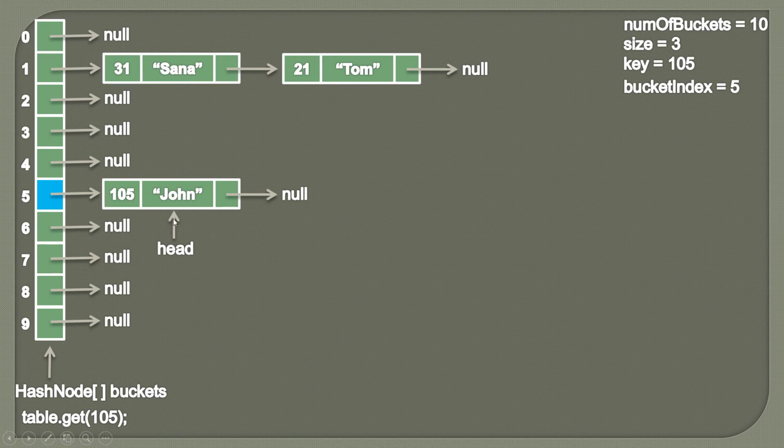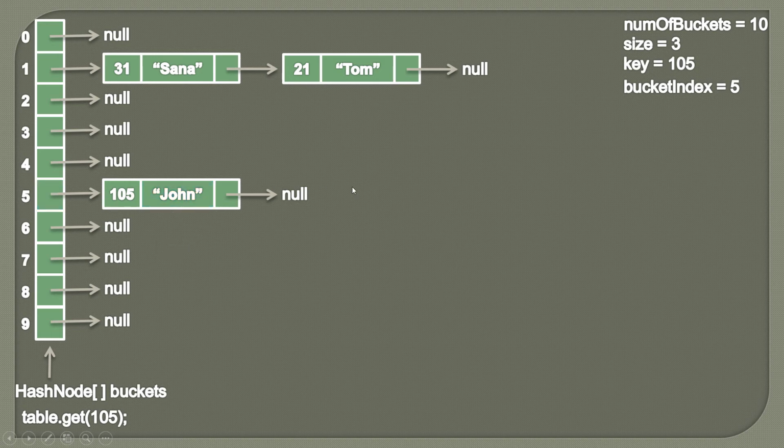So we do head.key, which is 105. We compare it with our key, and if they are equal, then we simply return its value, which is John. So friends, here you can see there are so many elements, but with just a simple hash function, we quickly searched for our key. This is the simple case where our first node was the key which we want to search.